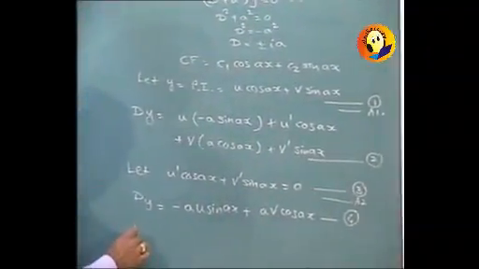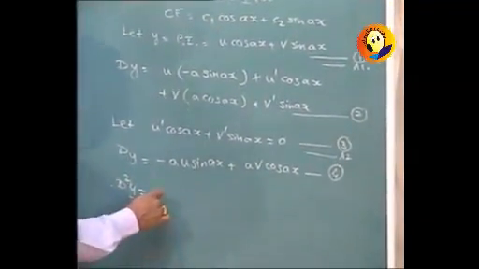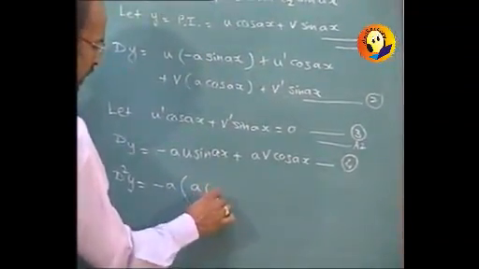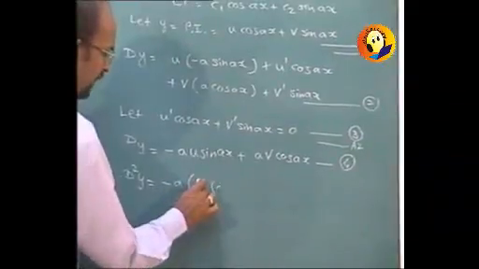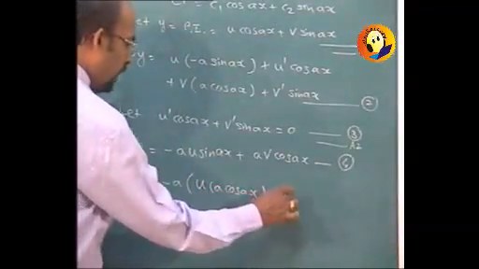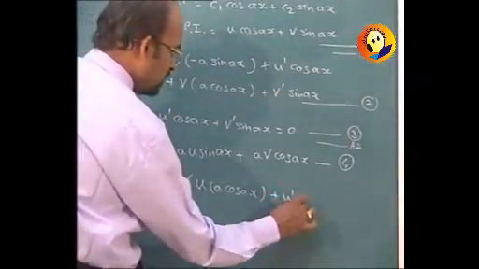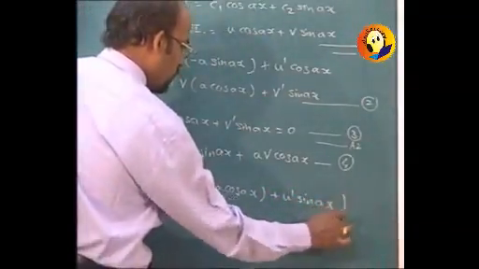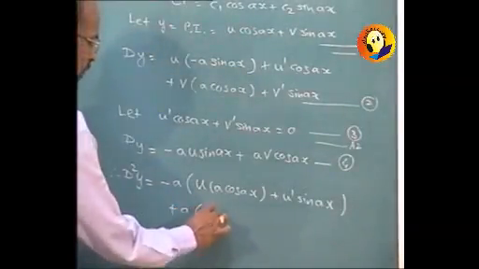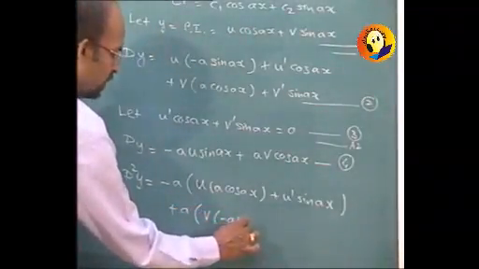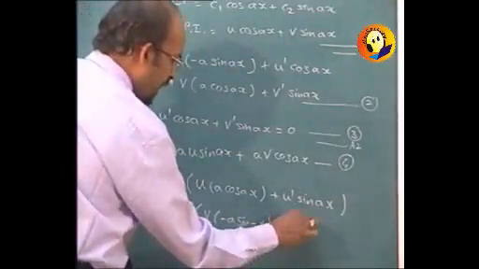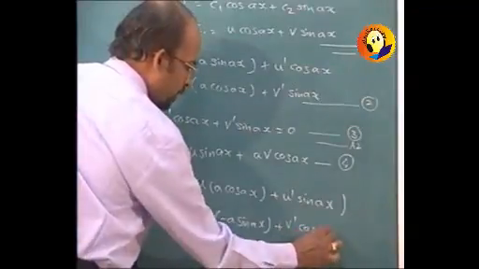So d square y will be equal to minus a into bracket u into bracket a cos ax plus u dash sin ax, that is the first term, plus a into bracket v into bracket minus a sin ax plus v dash cos ax.